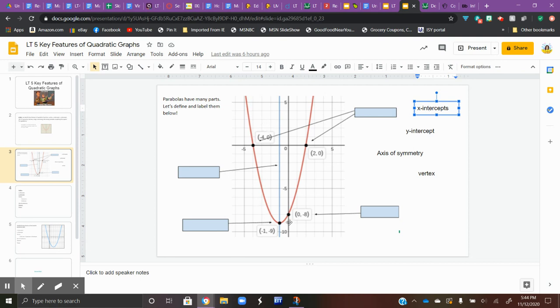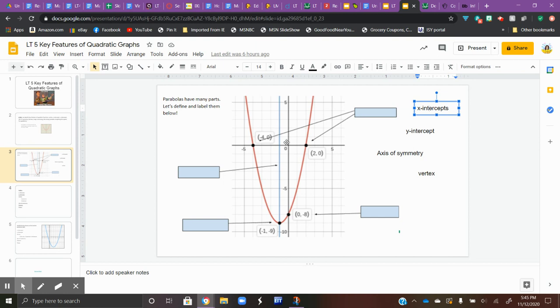On our parabola, it's always going to be U-shaped, and your graph is going to cross the x-axis either 2 times, 1 time, or no times. If you remember back when we talked about the quadratic formula and the types of solutions, we had 3 scenarios: either 2 solutions, 1 solution, or no solutions.